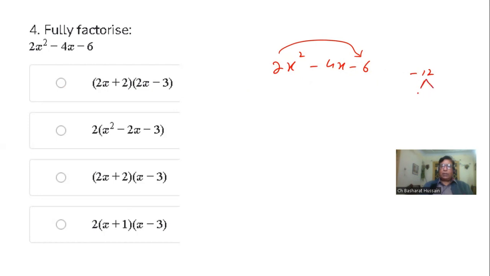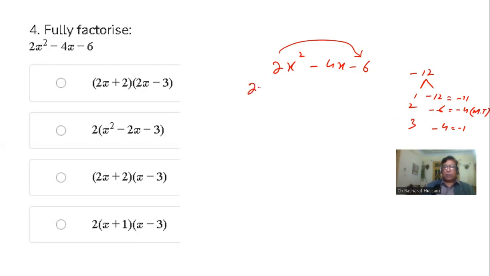So factorize 12: 1 and 12, 2 and 6, 3 and 4. As the middle term is minus, one factor must be minus and the greater number is minus. So this is minus 11, this is minus 4, this is minus 1. So which one is the middle term? Minus 4 is the middle term.